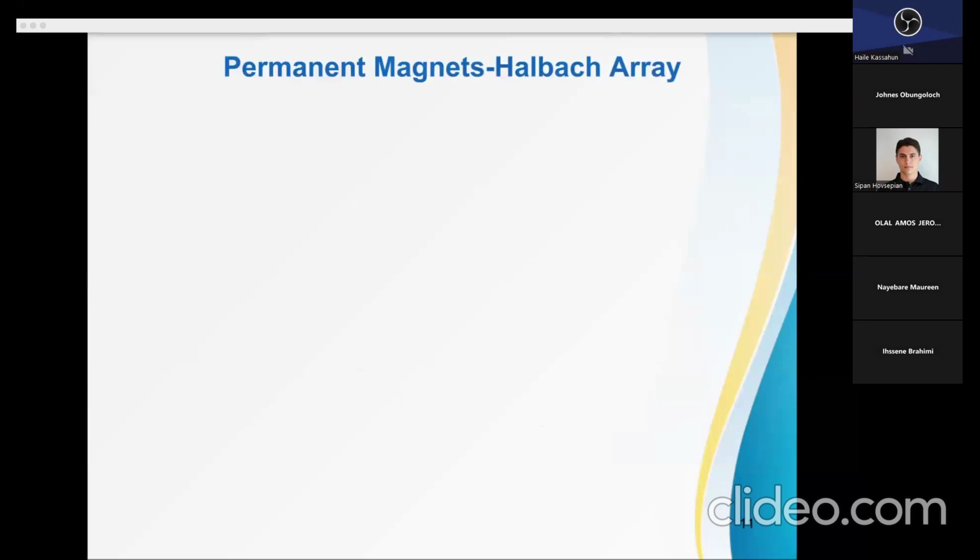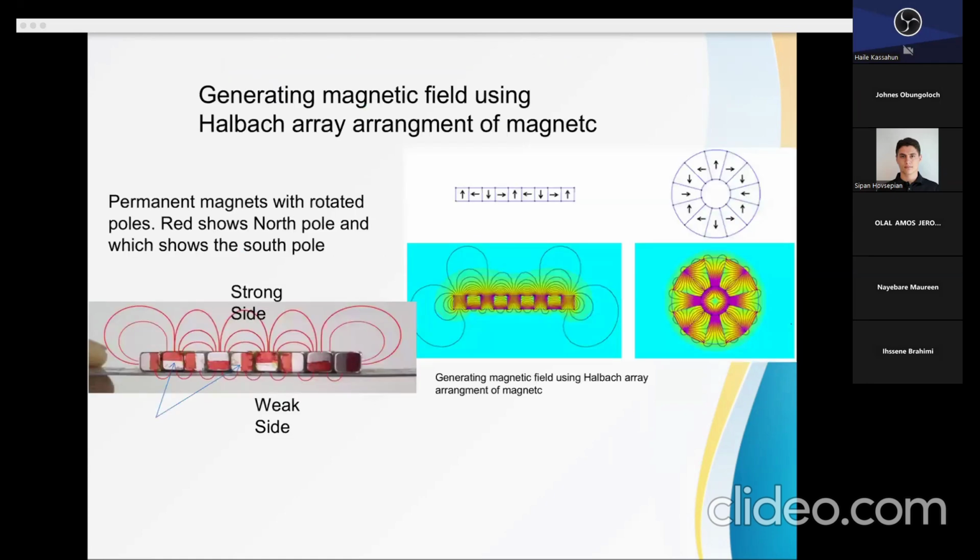There is a relatively new way of constructing permanent magnets called the Halbach array systems, where you arrange small magnets. In our lab, we use about 1-inch magnets, 2.54 centimeters cubed. If you arrange them in a certain manner, you can increase the magnetic field on one side and reduce the magnetic field on the other.